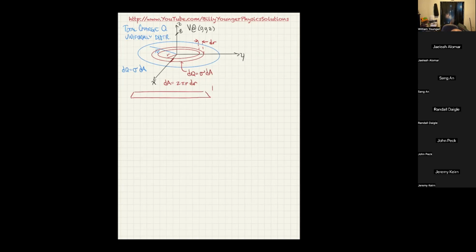Okay, where this thickness right here is dr, this length is 2 pi r right here, and this length is 2 pi r plus dr, like that. And in fact, you can see if it were truly a rectangle and it stopped right at those little red lines, then the area would be exactly 2 pi r times dr. That's what I said it was.